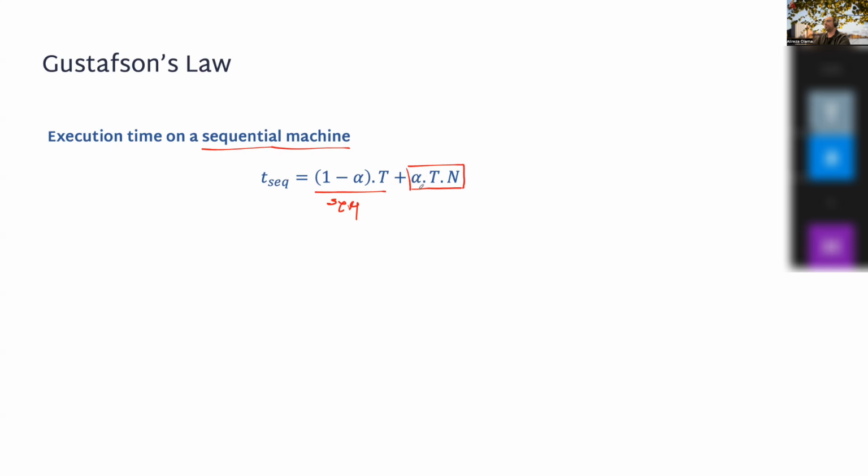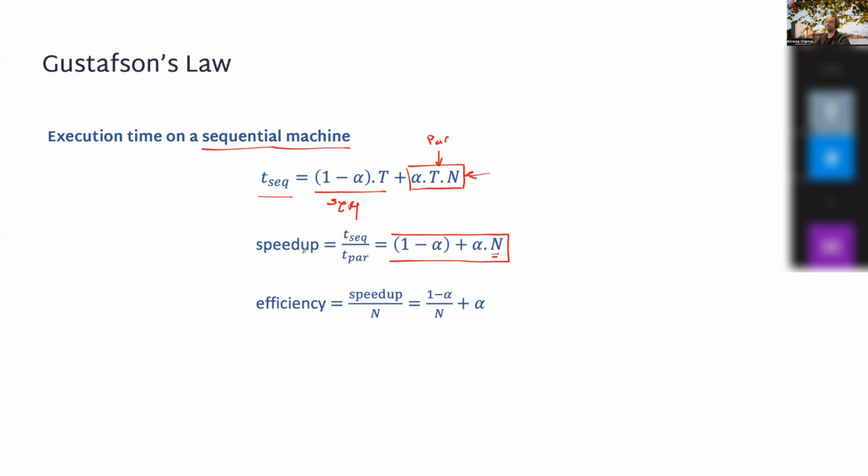So it is alpha times the parallel time times the number of cores. This is the sequential time. Then you can compute the speedup, and in this case the speedup is a linear function of n. So if you increase n, you are basically increasing the speedup as well.